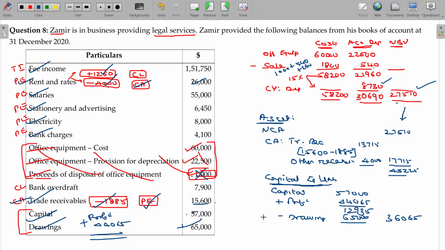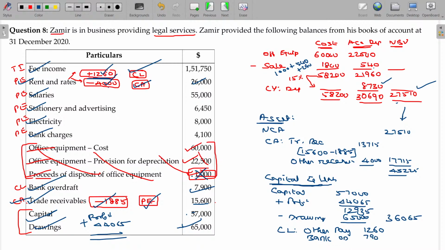Now we don't have non-current liabilities, we have current liabilities only. Under current liabilities, here is rent and rates, other payables, value being 1,260. And bank overdraft also we have, 7,900.